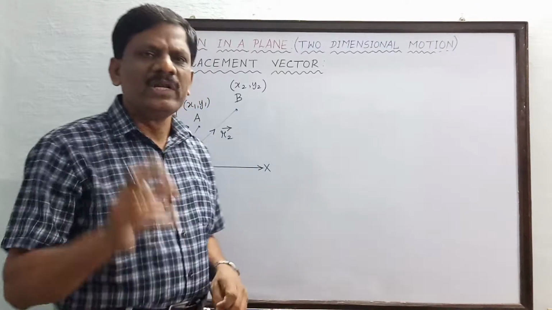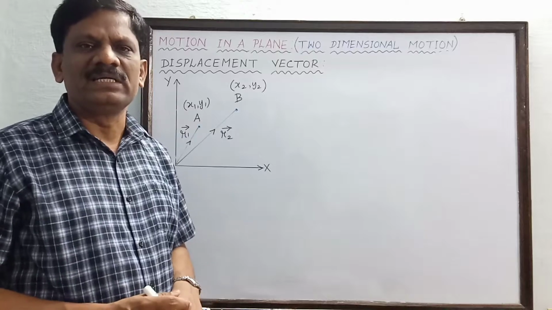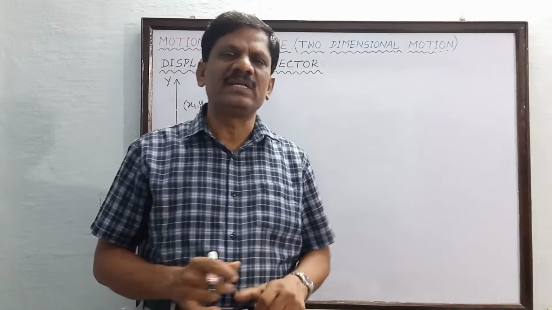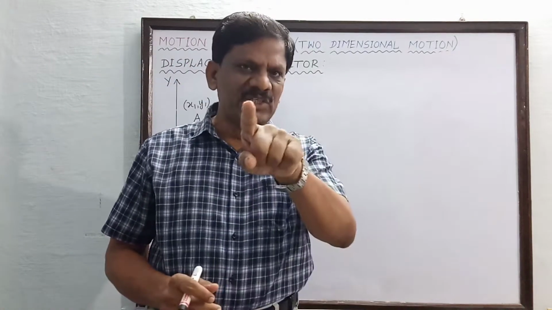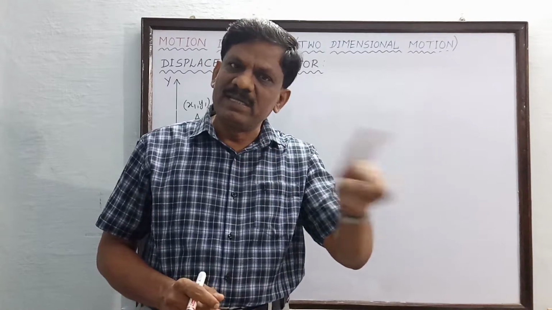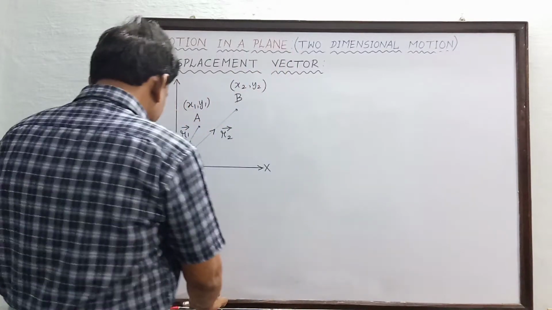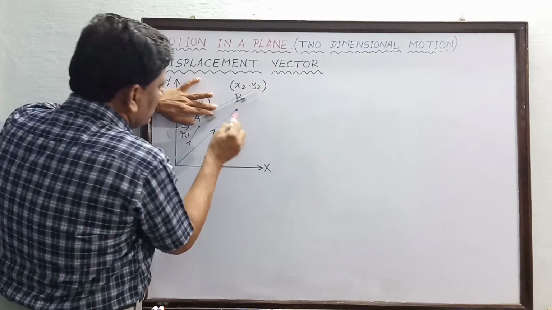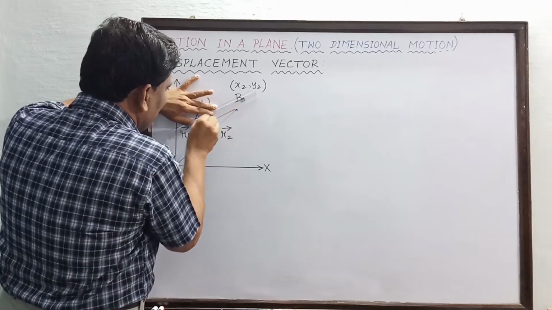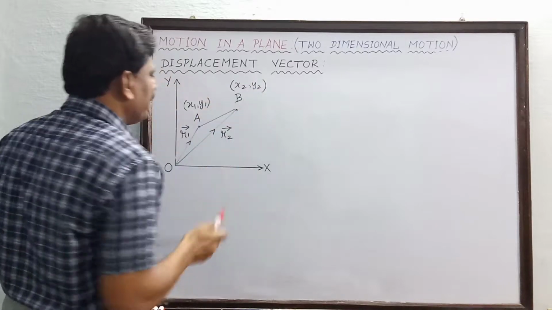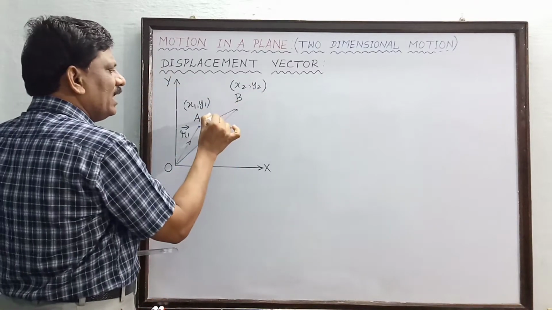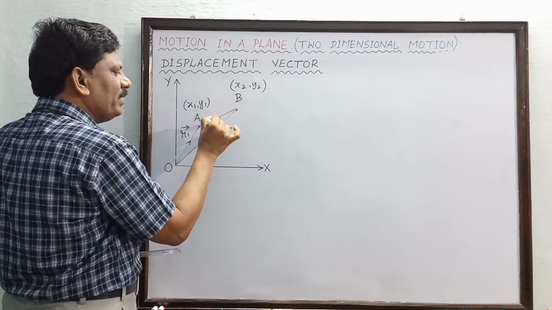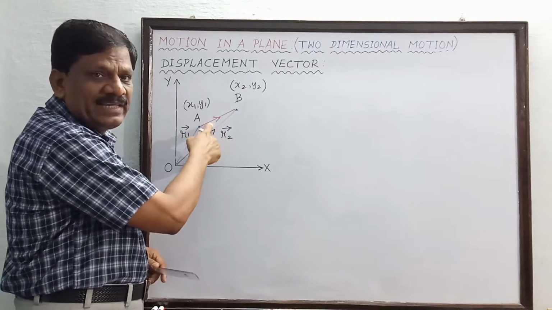Now, what do you mean by displacement here? Displacement is the shortest distance between the initial point A and the final point B. So I am going to join A and B. The initial position is A, the final position is B, and hence this vector AB. Can you see this vector AB?